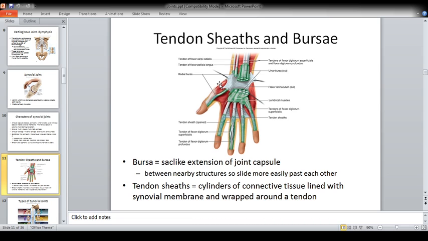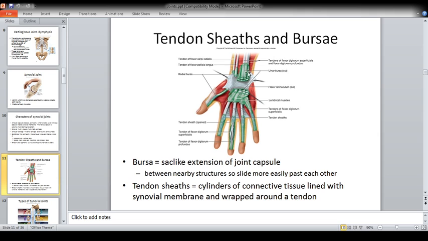Now, bursa are actually sac-like extensions of the joint capsule. So this is the main joint, but sometimes this joint capsule is extended into a sheet-like, sac-like covering that is known as a bursa.